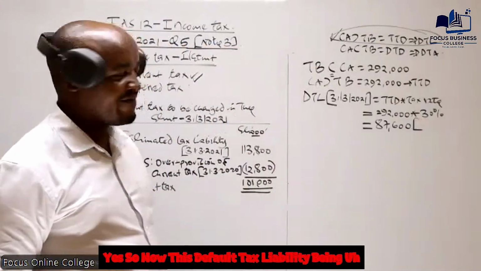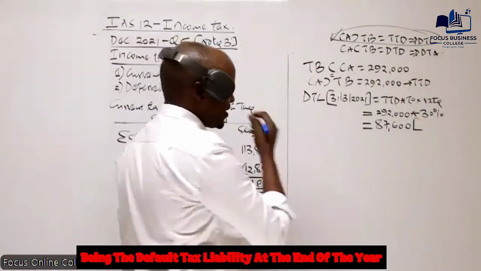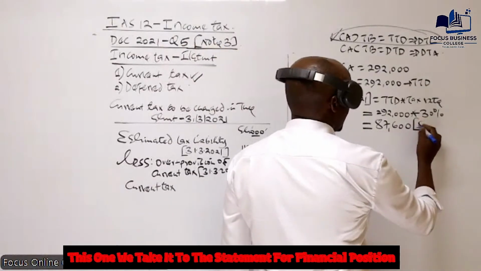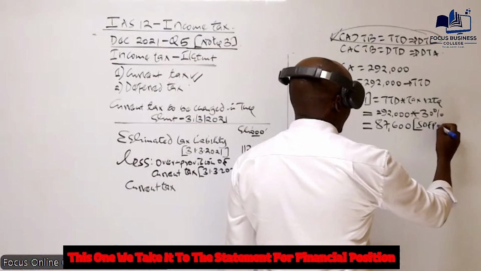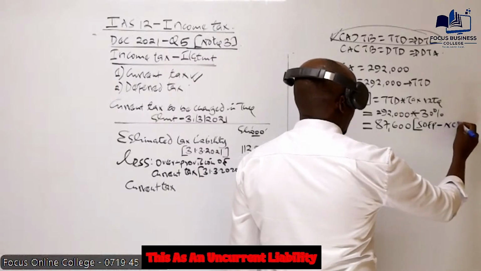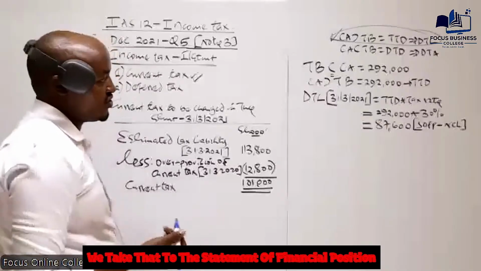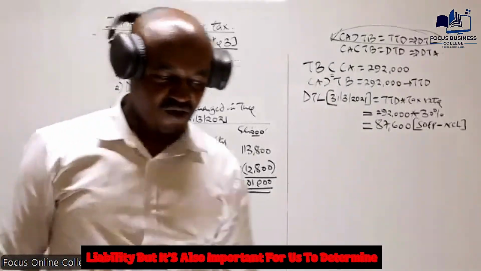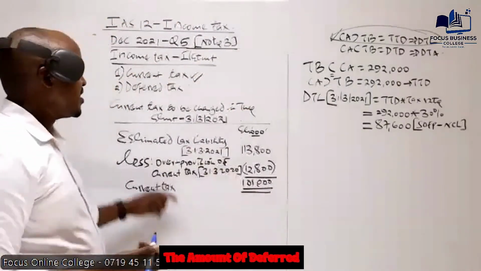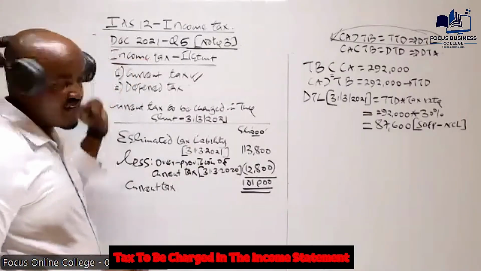Now this deferred tax liability, being the liability at the end of the year, we take to the statement of financial position and recognize as a non-current liability. But it's also important to determine the amount of deferred tax to be charged in the income statement.